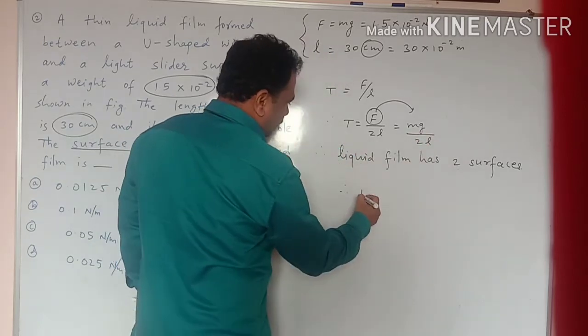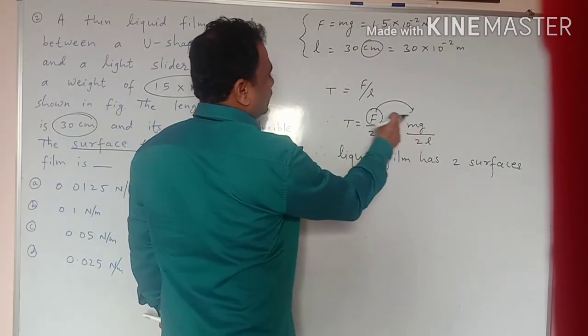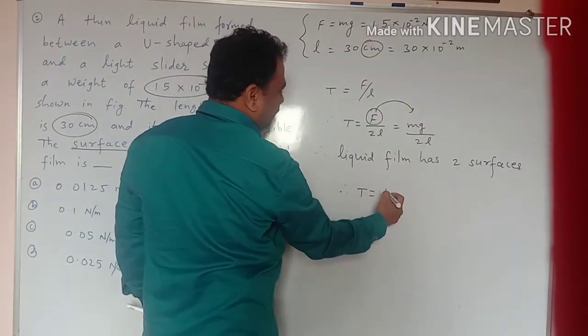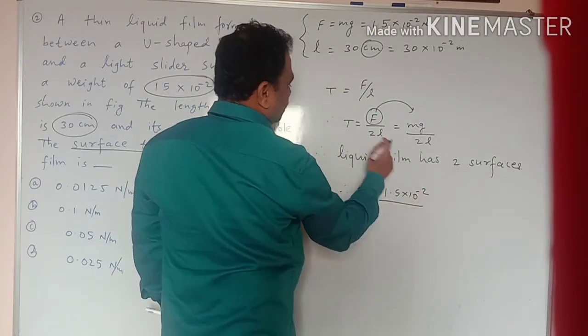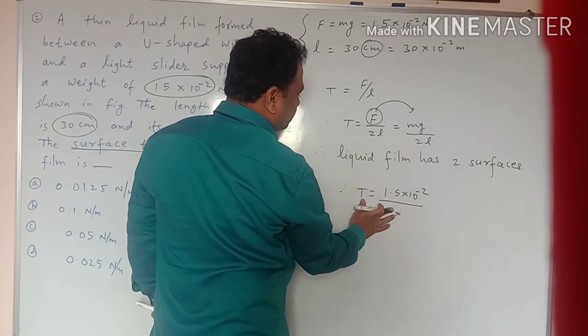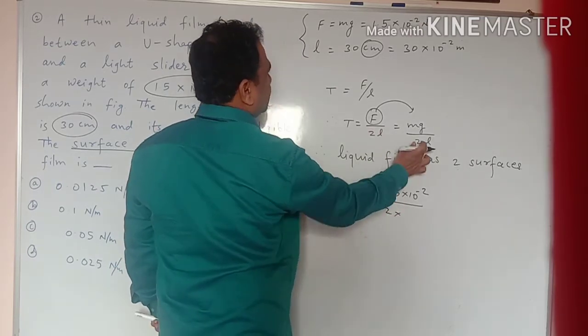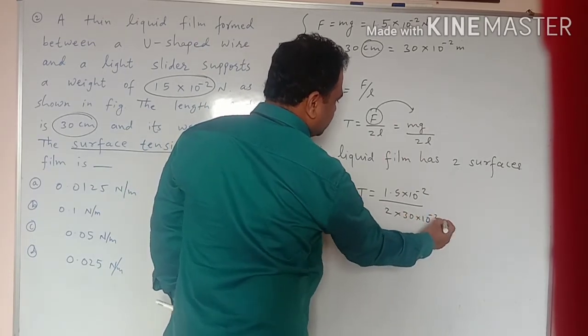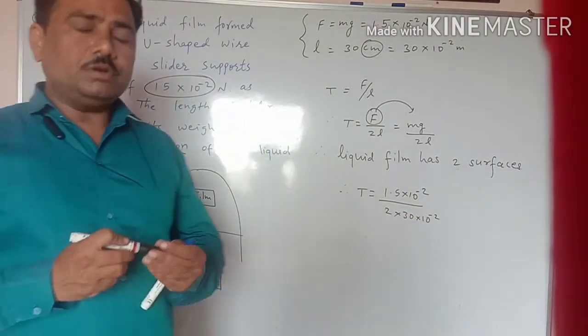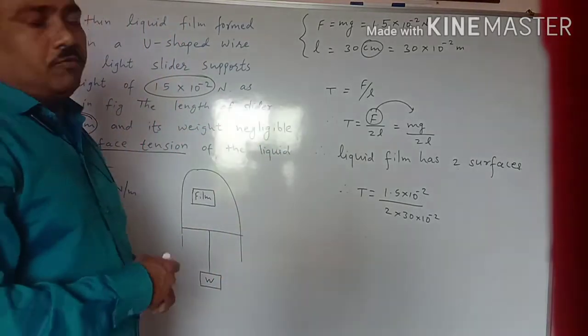Therefore T is equal to mg, that is force, given as 1.5 into 10 to the power -2, upon 2 into the length of slider. The length of slider is 30 centimeter, so 30 into 10 to the power -2. You just have to put all the given things in that formula.